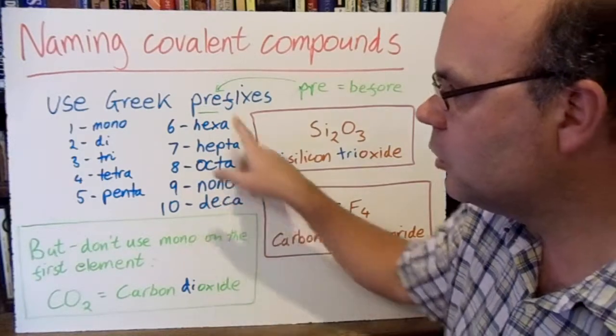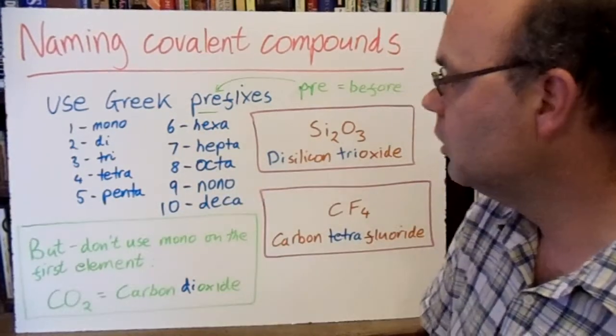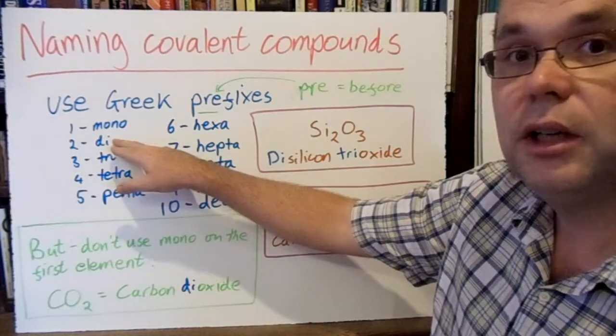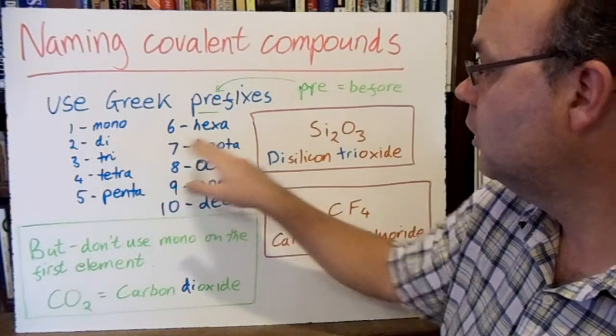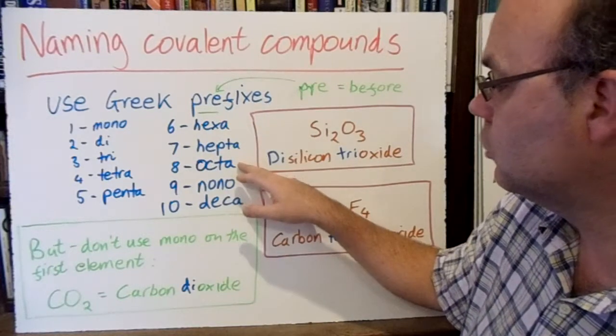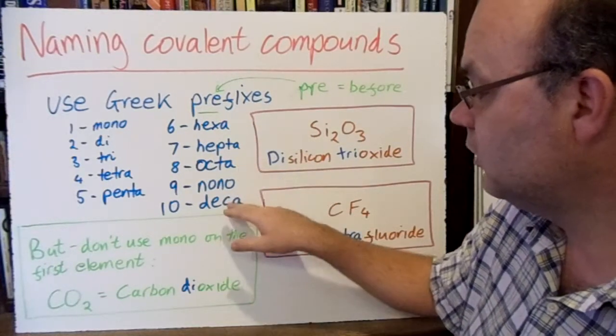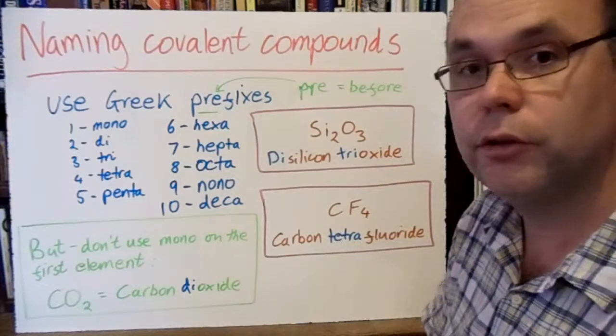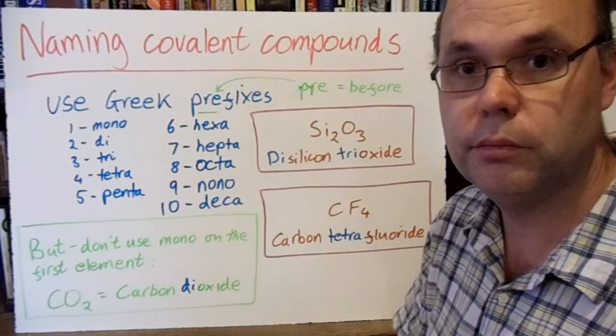So you'll see these words in math a lot. Like we've got tetrahedrons, triangles, diagonals, hexagons, octagons, decimal. So we just put that in front of our element.